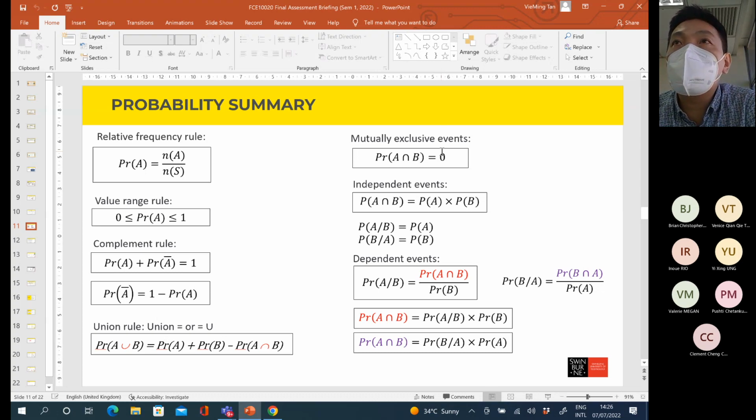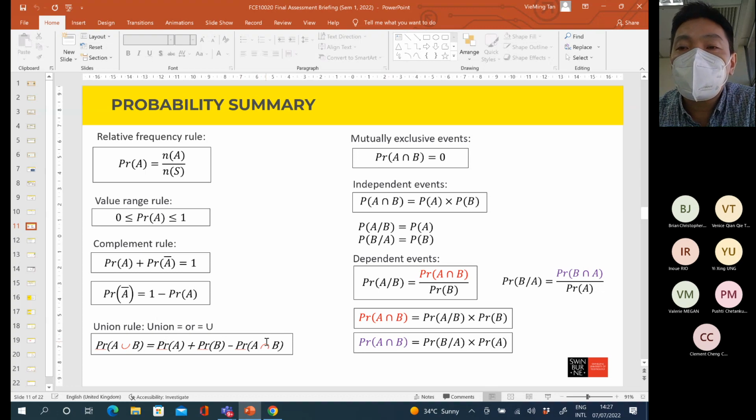Swimming and attempting an online exam cannot happen at the same time, because you need to access the internet and computer and do the questions, and then you cannot swim at the same time. So these two events are mutually exclusive. When you calculate probability of A union B, if A and B are mutually exclusive, you will find that this intersect part is equal to 0.